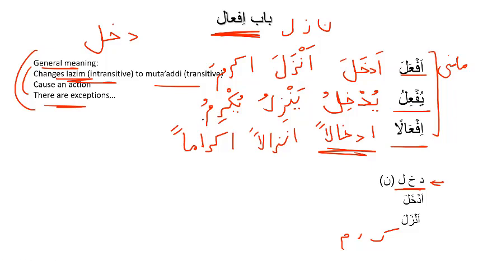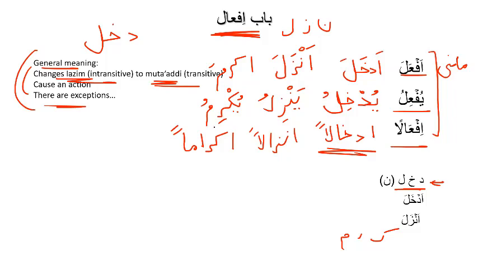So notice nazala, to come down, is fe'le lazim or intransitive, whereas anzala is muta'addi. A muta'addi verb will require an object. So when Allah sends something down, what does Allah send down? The object is needed. Anzala Allahu Qur'anan. So Allah sent down the Qur'an.